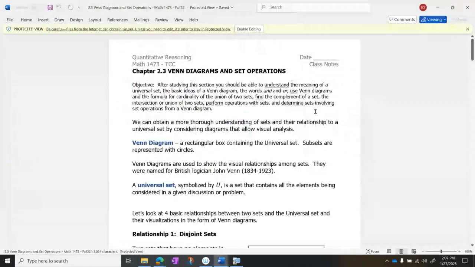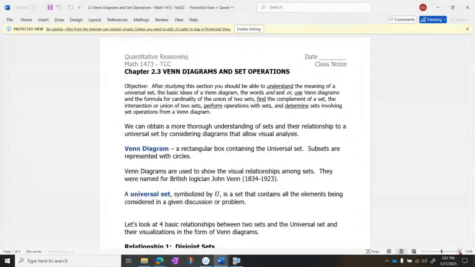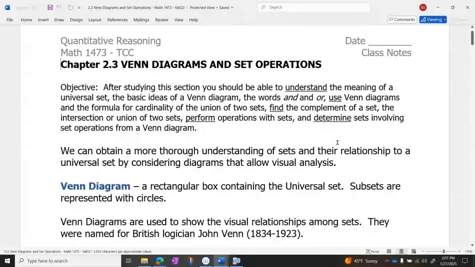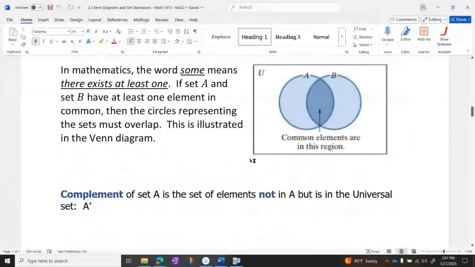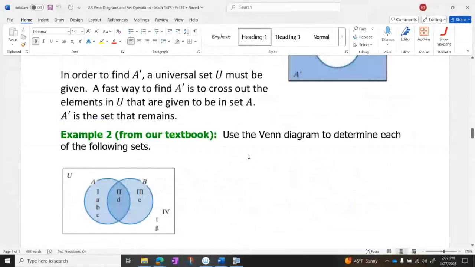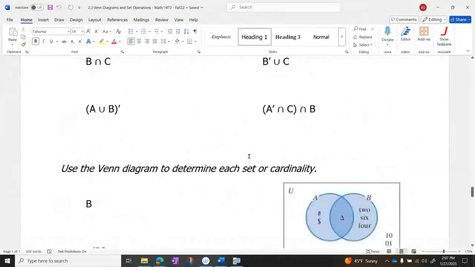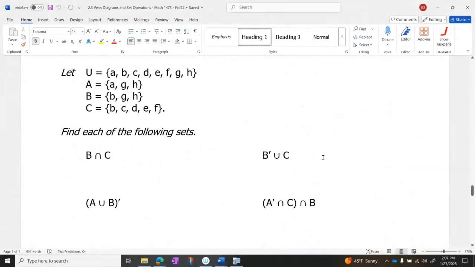Let's look at a question on the guided note about the operations of the sets. I'm talking about this one. Let U, the universal set, be a set containing a, b, c, d, e, f, g, h. Set A contains a, g, h.